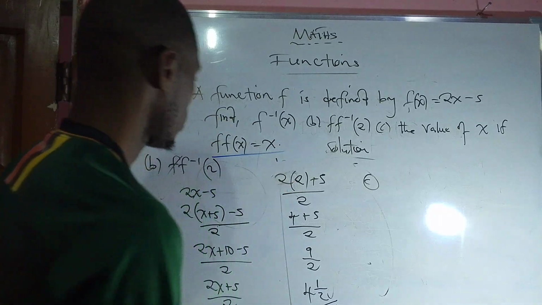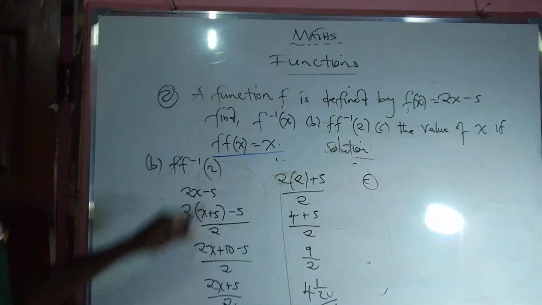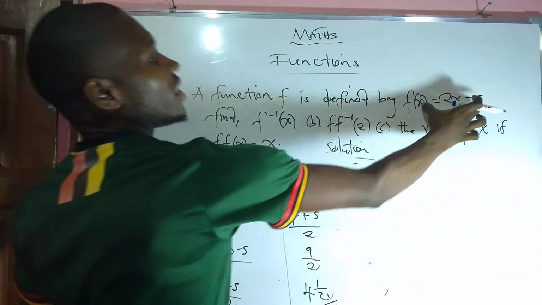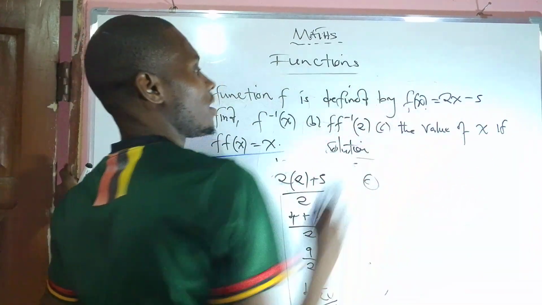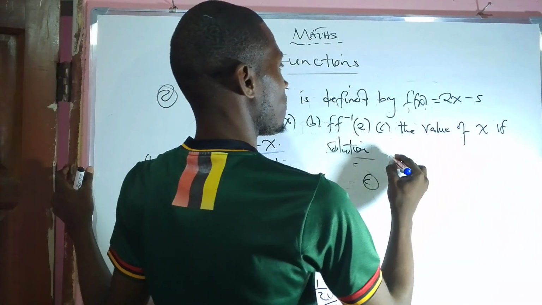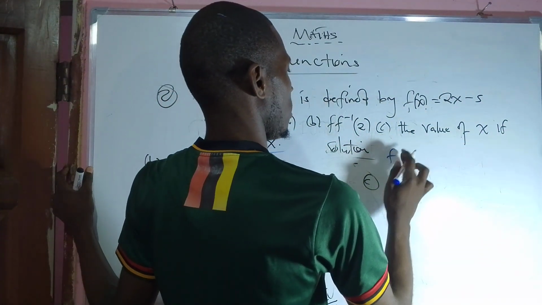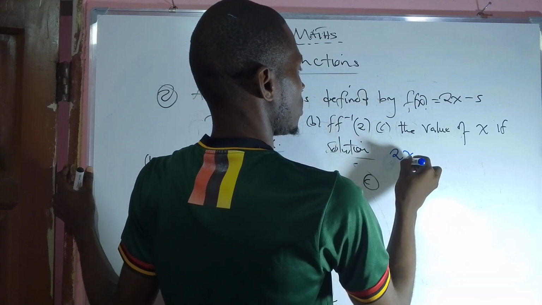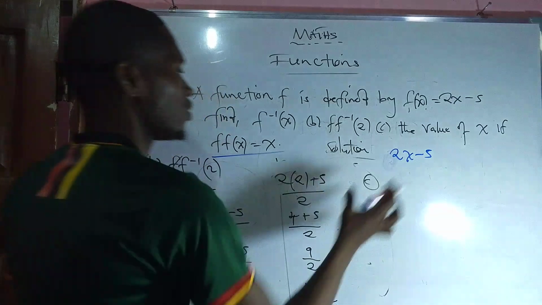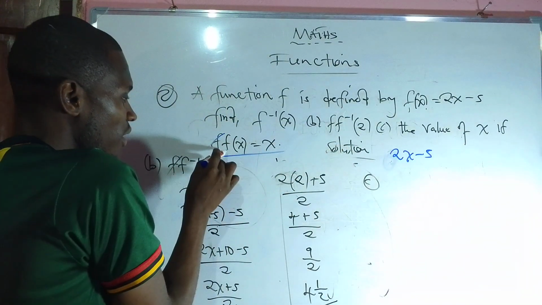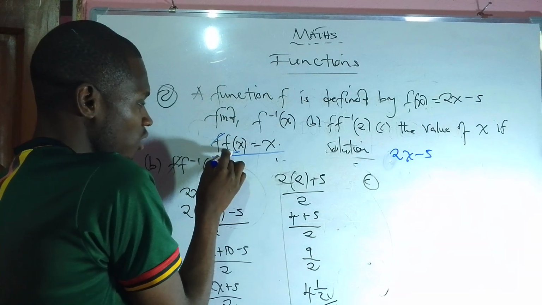So now here, there are two things. We're going to write 2x minus 5. So this is this. I've removed it. Now I've remained with another part, the same one.